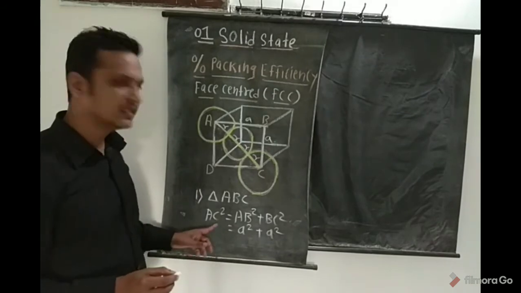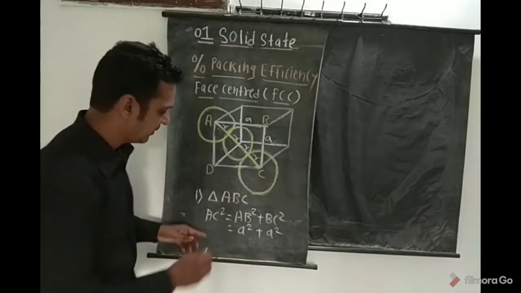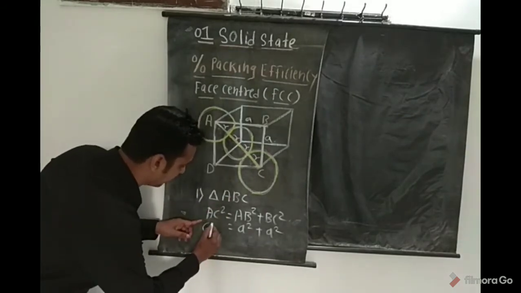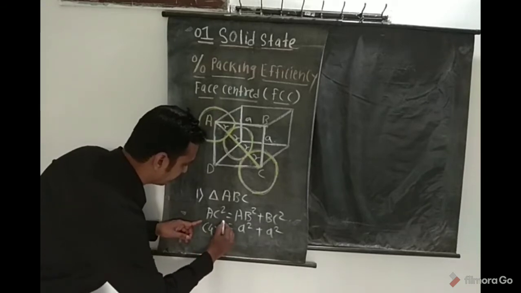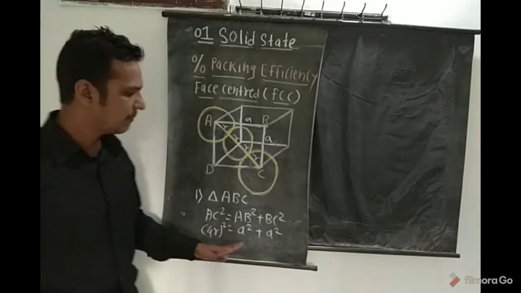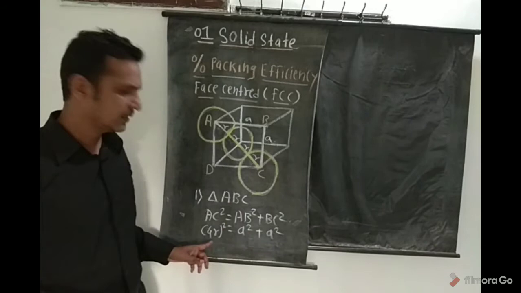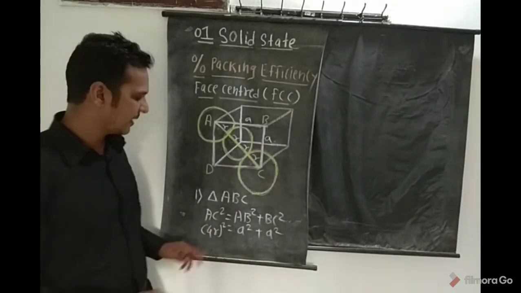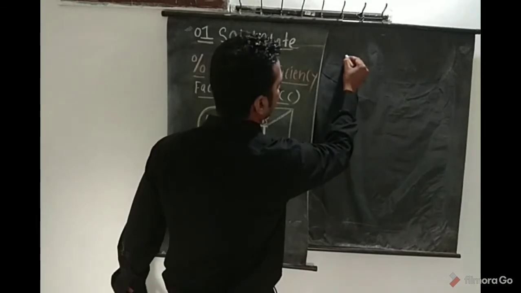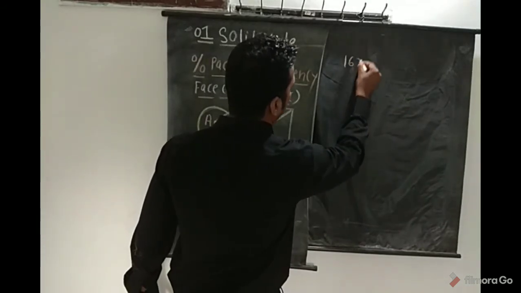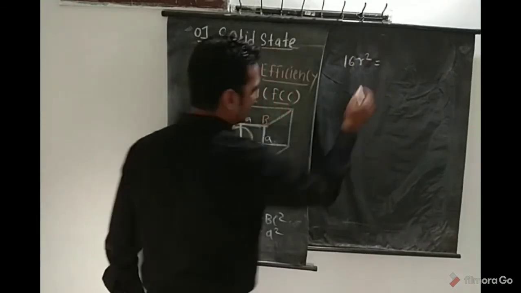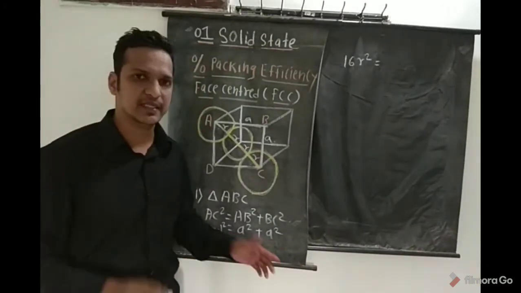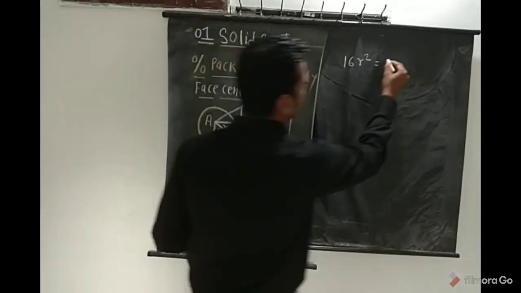Now here AC square means bracket 4R bracket square. By solving this, we get 16R square is equal to a square plus a square, which is 2a square.